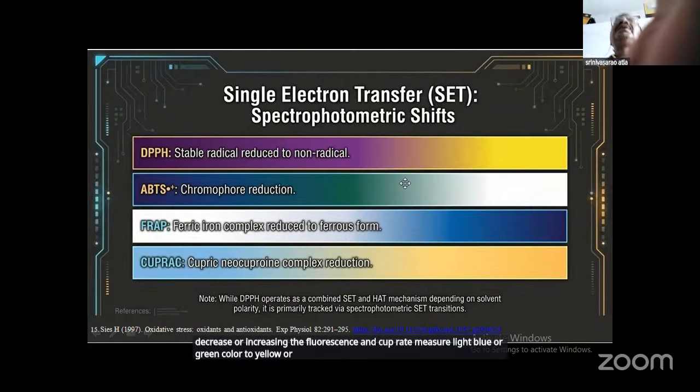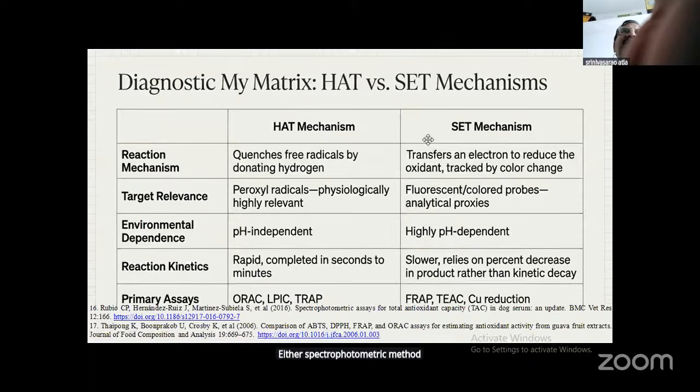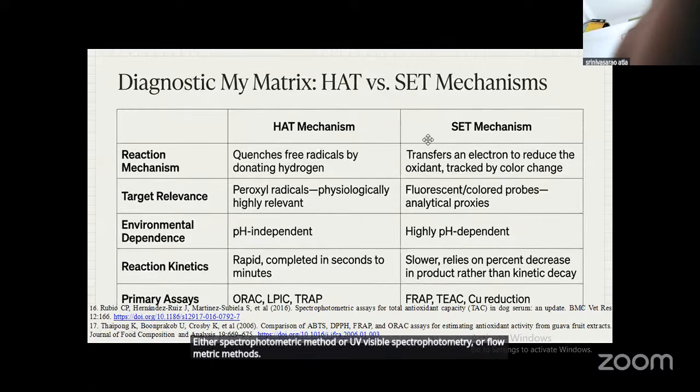By using either spectrophotometric methods, UV-visible spectrophotometry, or fluorometric methods, we are able to measure the total antioxidant capacity of the given molecule or extract.